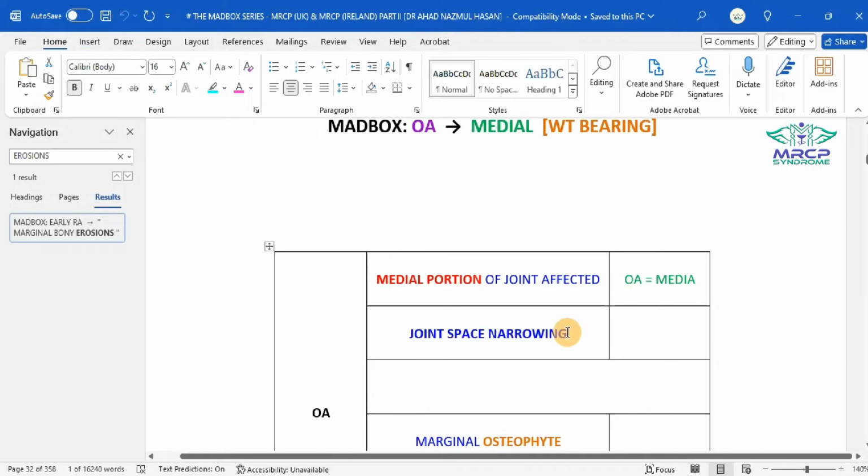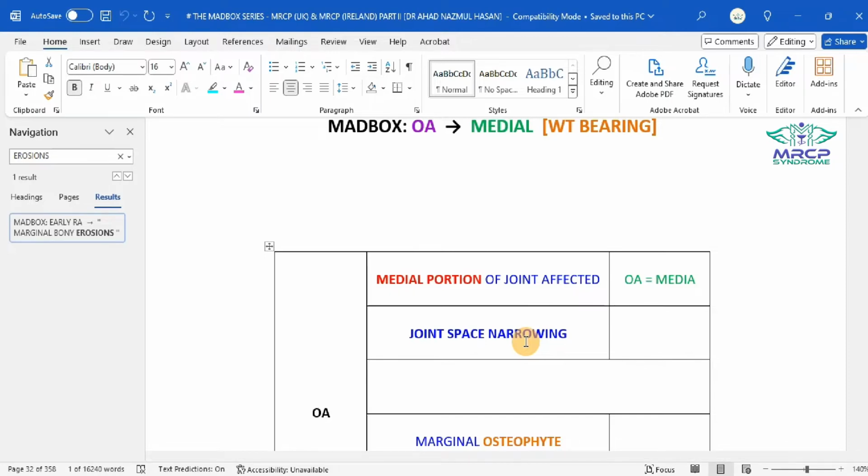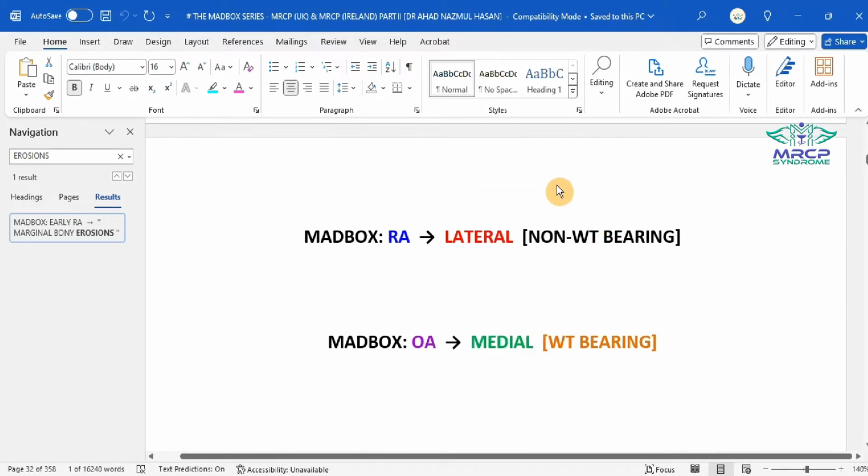Joint space narrowing may be present in the advanced stages of rheumatoid arthritis, but with regards to joint space narrowing, we'll always consider the osteoarthritis as the first differential diagnosis. And with respect to the portion of the joint involved, in case of rheumatoid arthritis, usually the non-weight bearing portion would be involved.